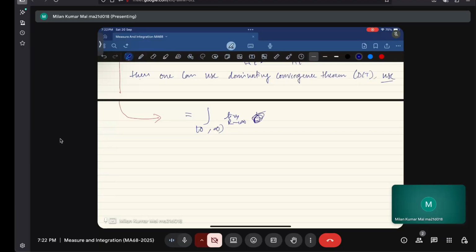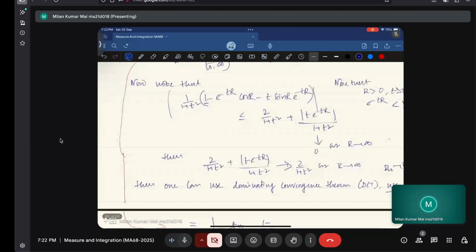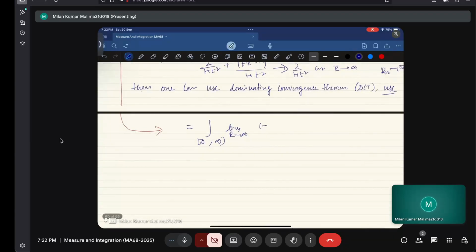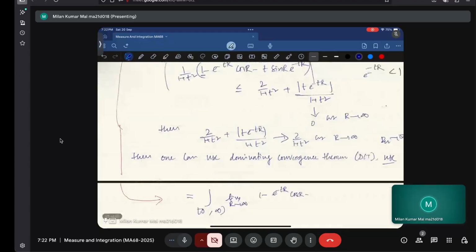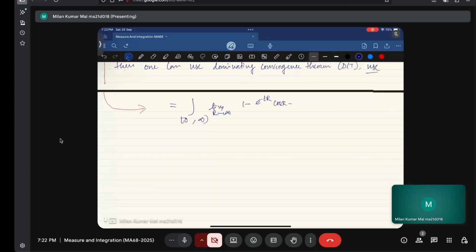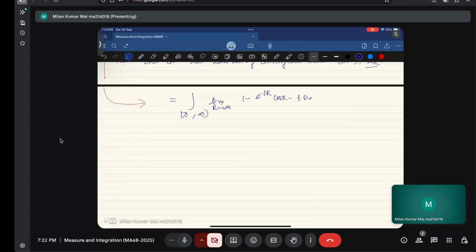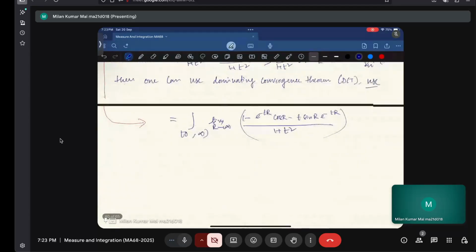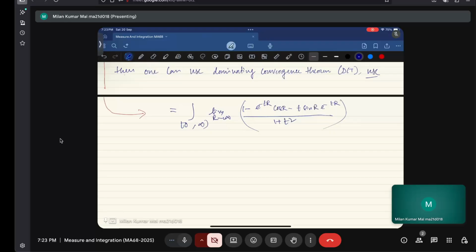We can write the limit inside: 1 minus e to the power minus tr cos r minus t sin r e to the power minus tr, over 1 plus t square, dm1 t.